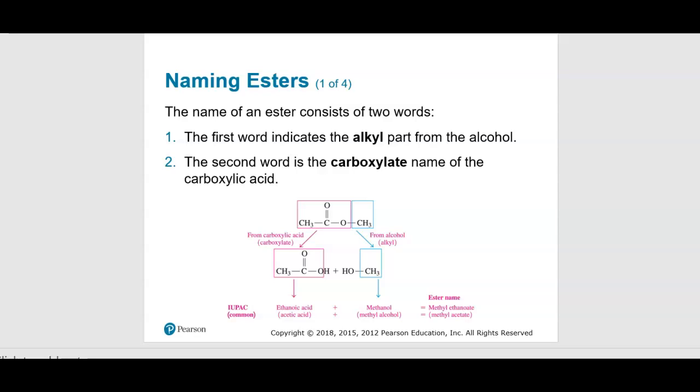So it's going to be that ate term. And the alcohol, you're going to use a yl in there. So here we have methyl acetate. And so you have ethanoic acid or acetic acid, and methanol is the alcohol. So it's going to be methyl from the alcohol, ethanoate, or methyl acetate.